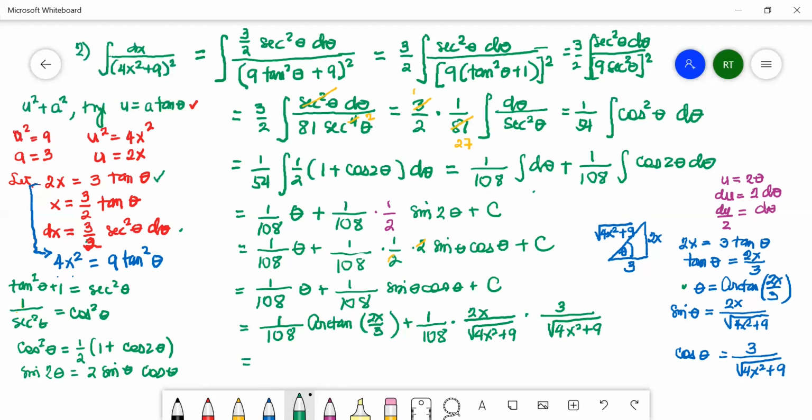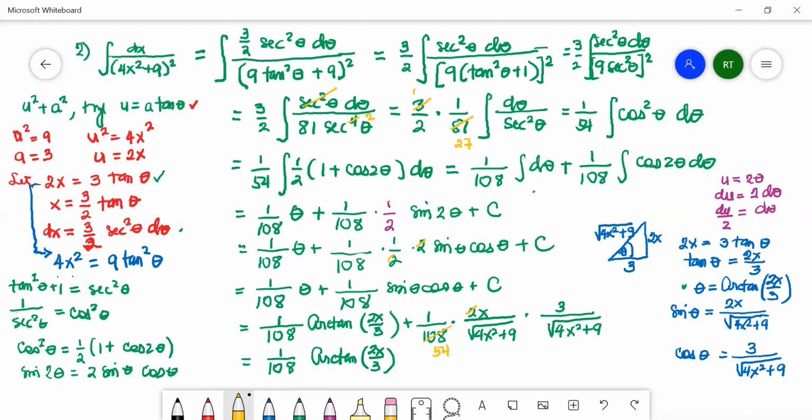This is equal to 1 over 108 arctangent of 2x over 3. And on the second term, we can do some cancellation. We have 2 and 108. 108 divided by 2 will give us 54, right?